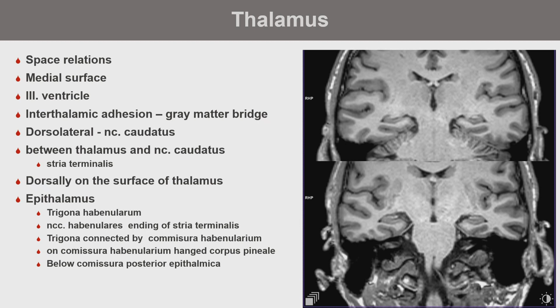The space relations of thalamus. The medial surface of a thalamus here is facing the third ventricle. So this is a third ventricle. And this is a thalamus. In between is seen interthalamic adhesion, and dorsolateral from the thalamus, so here, and dorsal is going nucleus caudatus, a structure of telencephalon, and this is a part of basal ganglia.